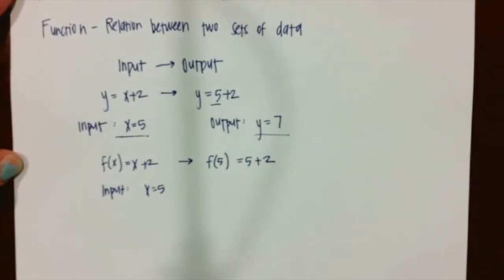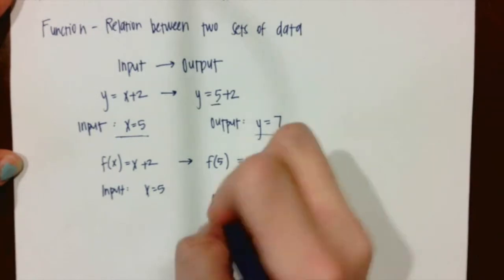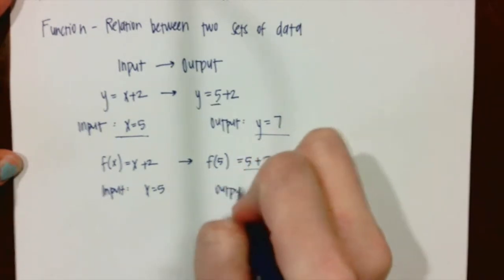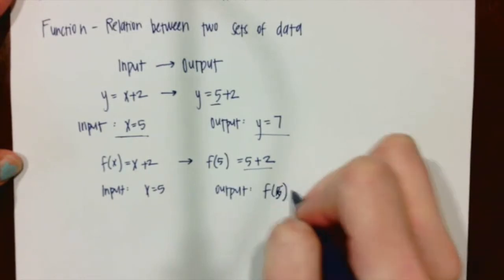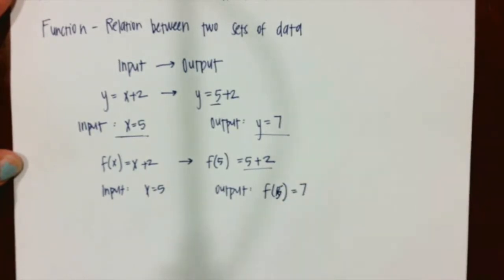So every x gets replaced with a 5 because that is now my input. The output is still going to be 7. So when my input is 5, my output equals 7.